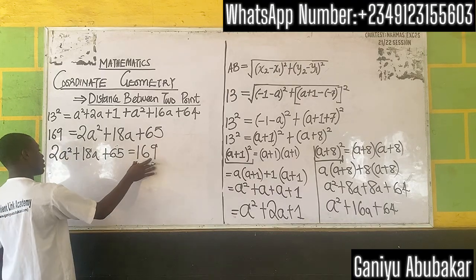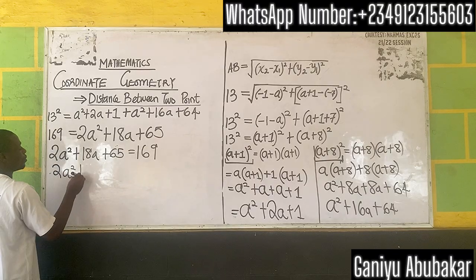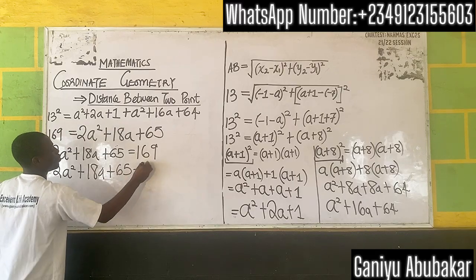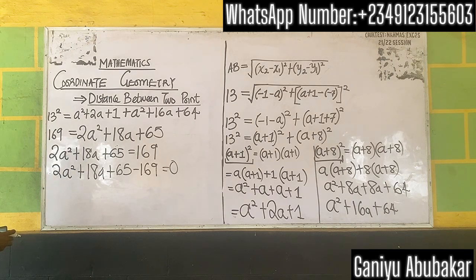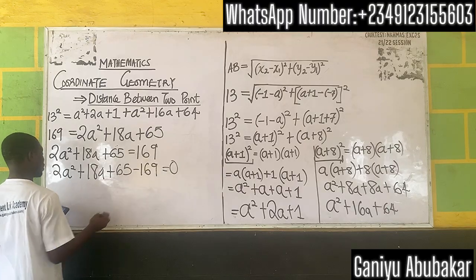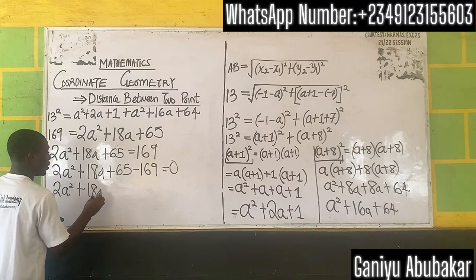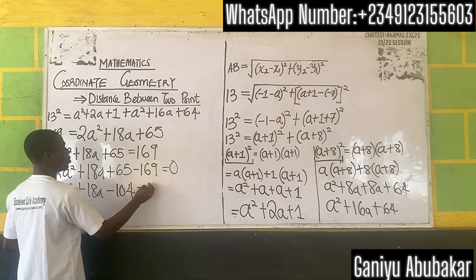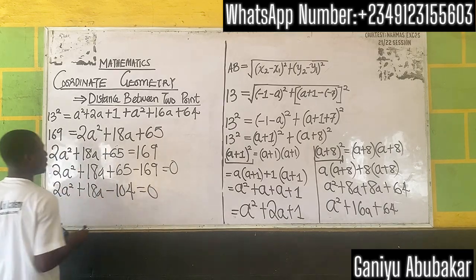So if I bring this 169 inside here, that gives you 2A squared plus 18A plus 65 minus 169 equals 0. Alright. Positive 65 minus 169 gives you negative 104, so 2A squared plus 18A minus 104 equals 0.